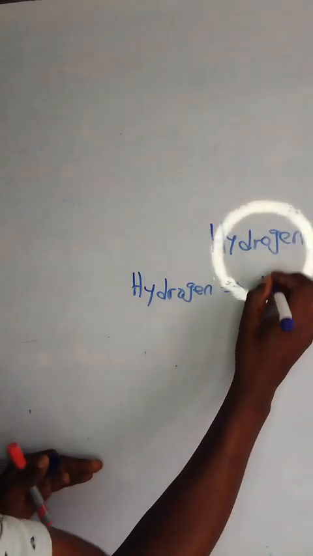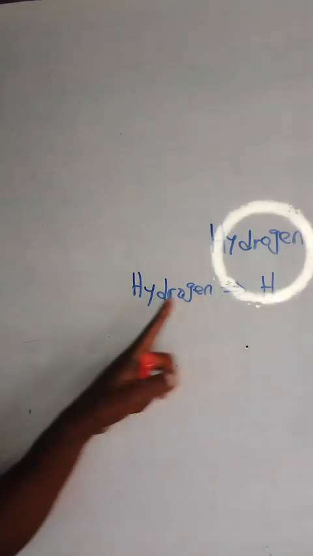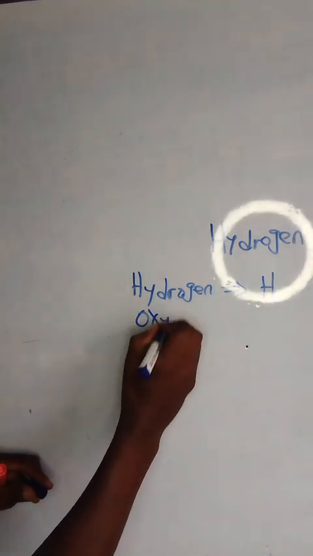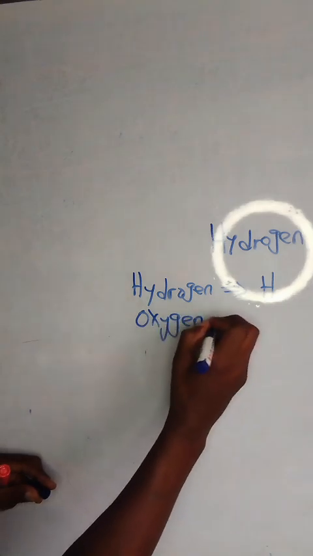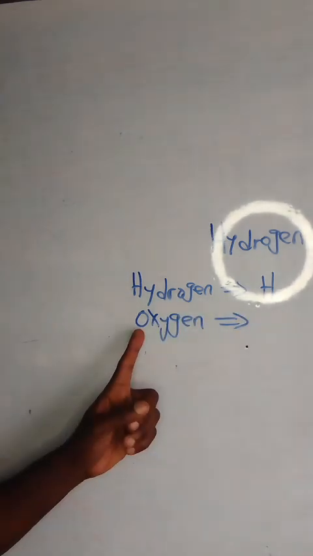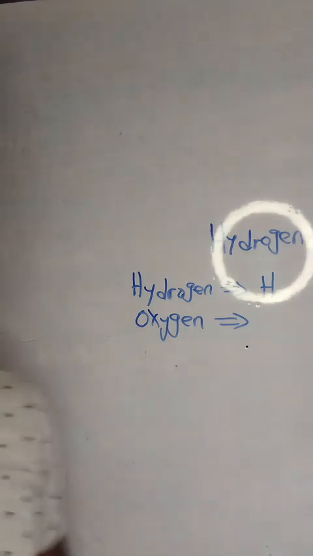This is H. We are just getting the H from hydrogen. And for oxygen, you can also guess it right. The word oxygen starts with O, which simply means that the chemical symbol representing oxygen is simply O.